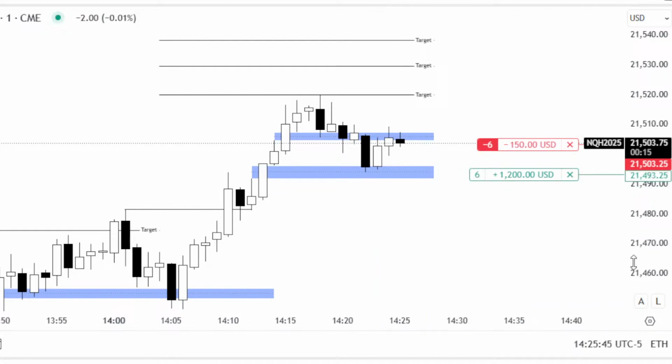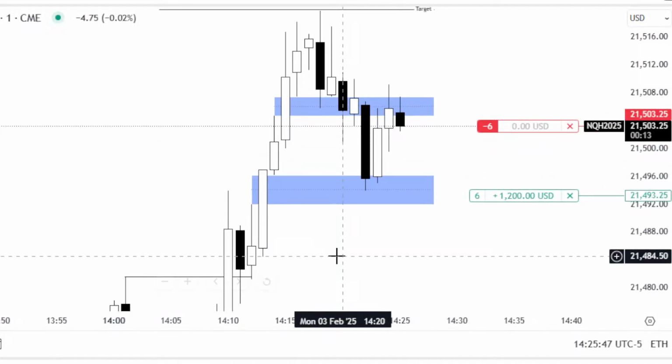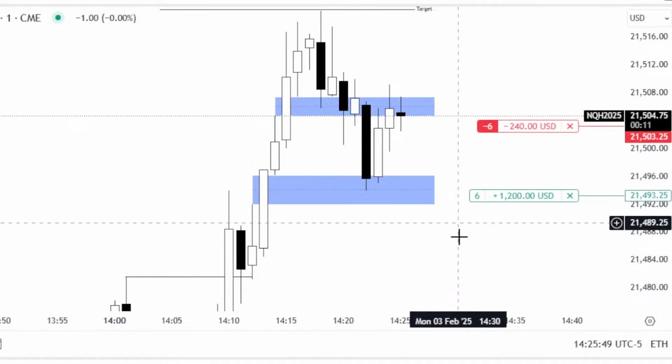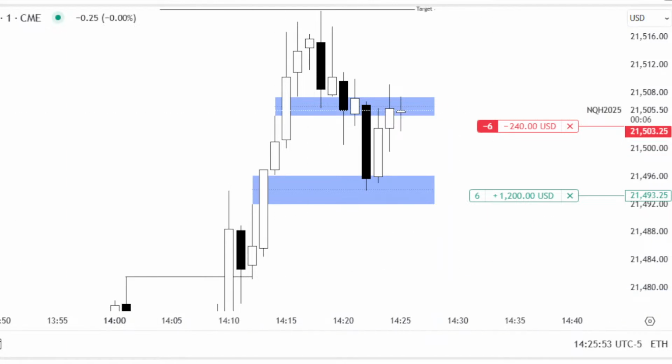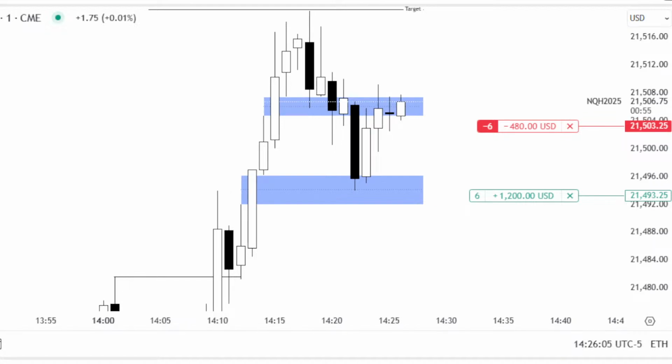So that gives me room to take the money out before it bounces. There's momentum to the upside again, building up.